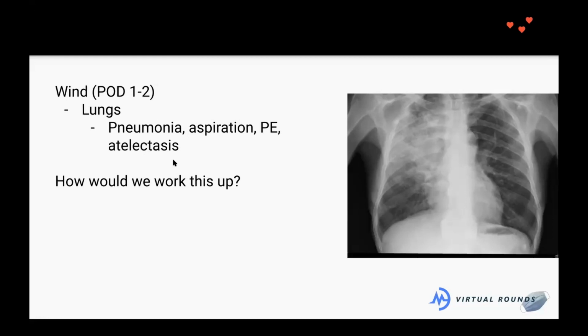The cheapest thing to do first is probably an X-ray, but a PE, which is what's going to kill them, is not going to show up on X-ray. And so I might prioritize the CT angiogram to look for that here. And there are some blood tests you can run as well to confirm a PE. But in real life, the first thing they're probably going to do is a chest X-ray, because it's cheap and quick, and then we can rule out pneumonia very quickly.